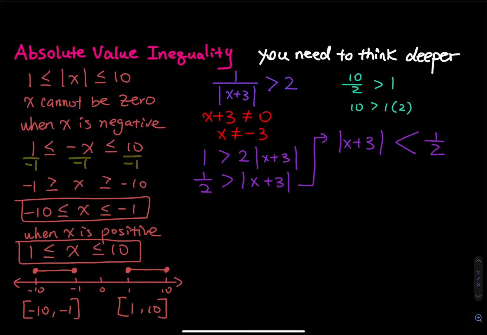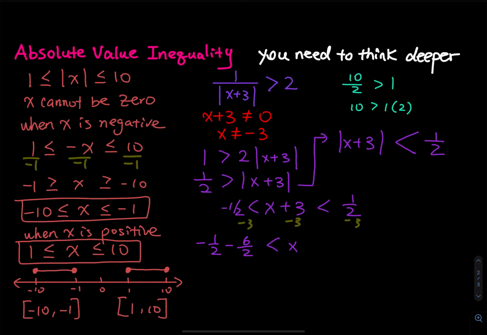So that becomes x plus 3 between negative 1/2 and positive 1/2. No equal. And then you go ahead and add 3 on each side, minus 3, and then minus 3. And then you have negative 1/2 minus 3. 3 is the same thing as 6 over 2, right?